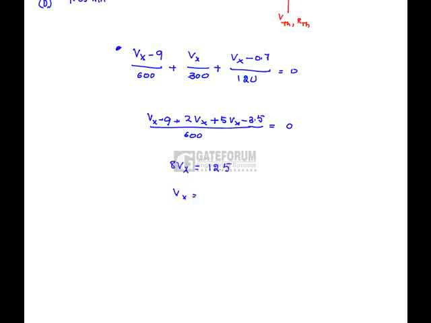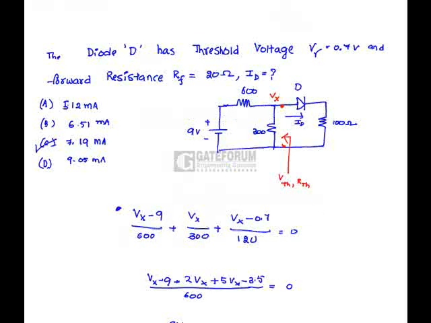So Vx is nothing but 12.5 divided by 8, which is 1.5625 volts. So ID is nothing but (Vx minus 0.7) divided by 120. If we substitute here, then we will get it as 7.19 milliamps. Hence option C is correct.